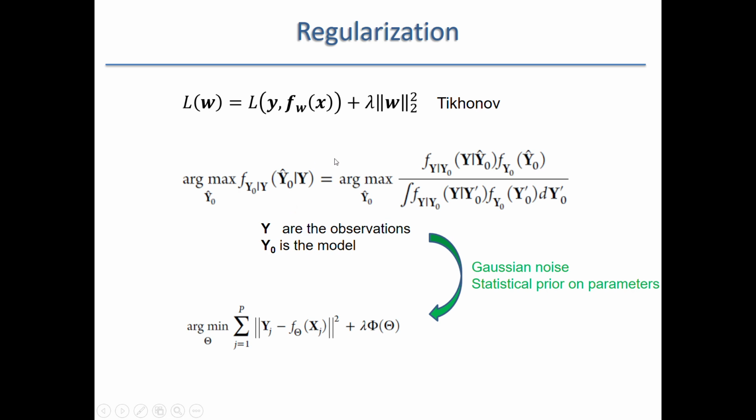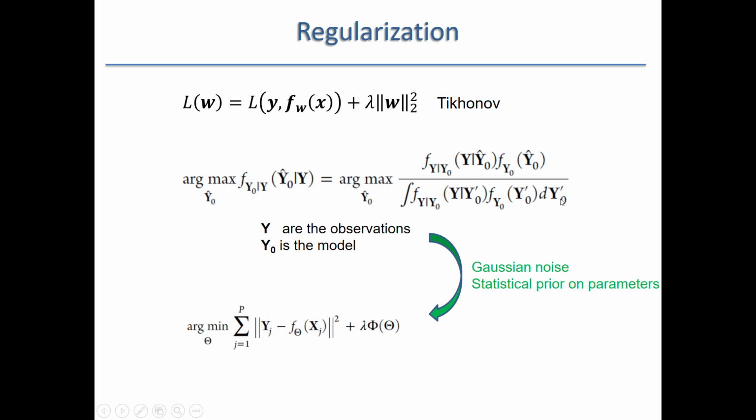Okay, so we want to maximize the a posteriori likelihood of this model given this data, and we can apply Bayes rule. So we can do the opposite: compute the likelihood of observing y given the model, times the distribution of models evaluated at this particular model, and then we divide by the probability of observing y, which is the integration over all models.